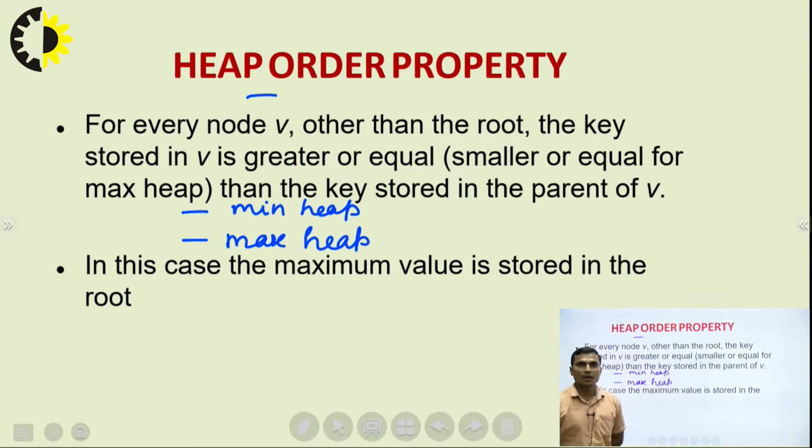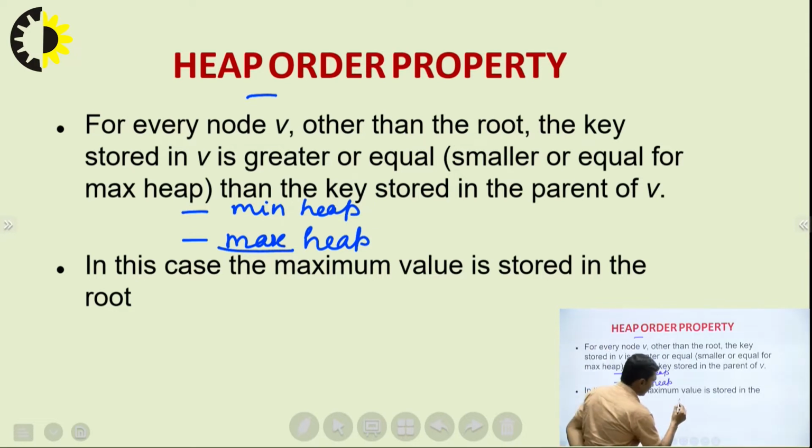In max heap, a particular node will keep the value which is higher than its children's, and in min heap a particular node will keep the value which is lower than its children's.